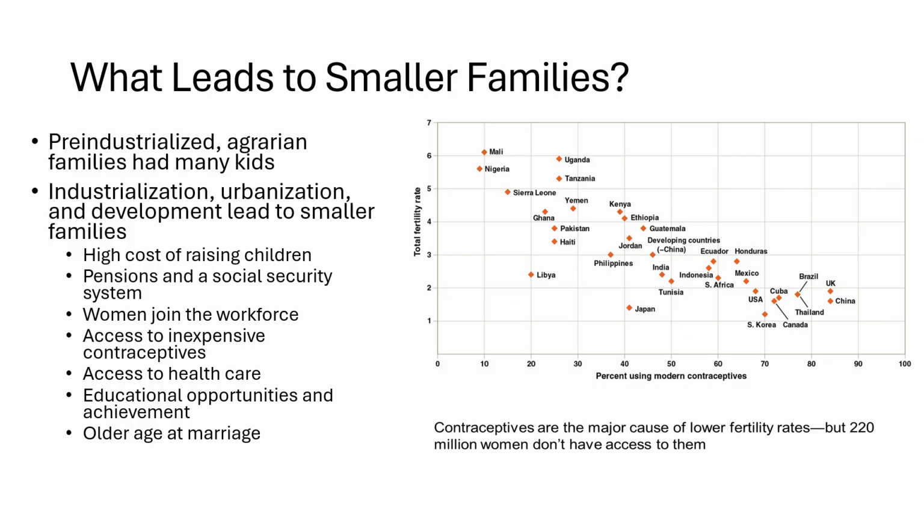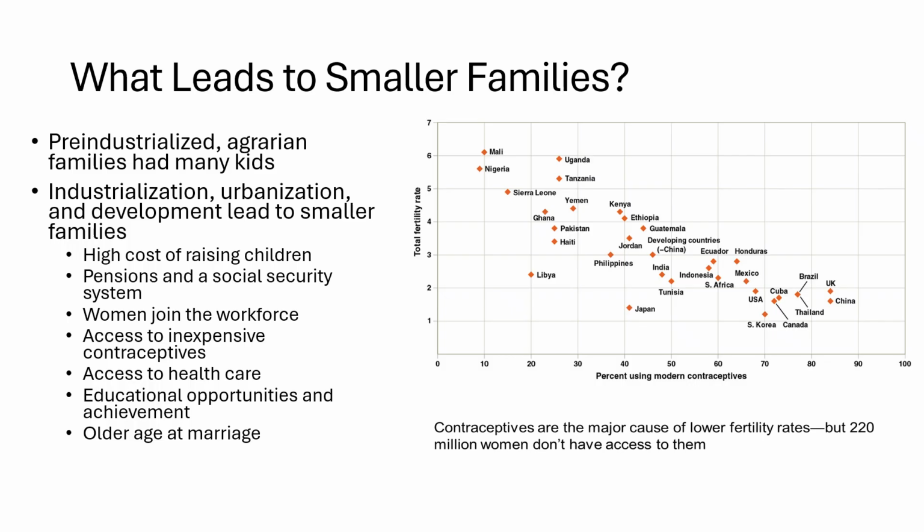And then with the industrialization and urbanization and the development of better healthcare and better access to food, this led to smaller families. So children are going to be educated. This has a cost. In order to anticipate the needs of older people, you need to have maybe a pension system and a social security system.